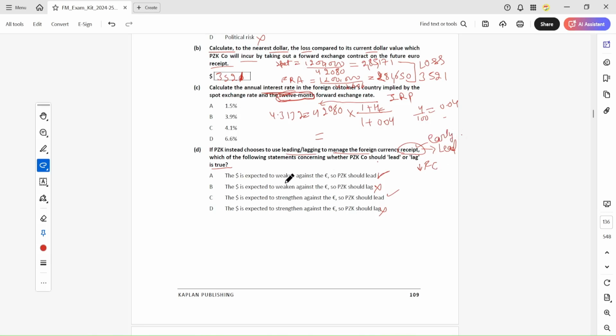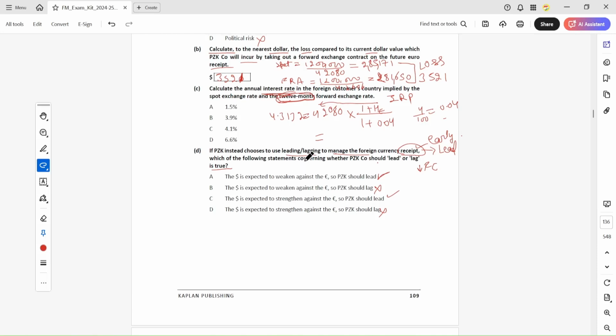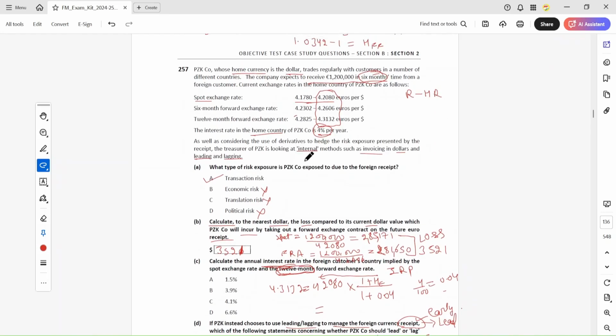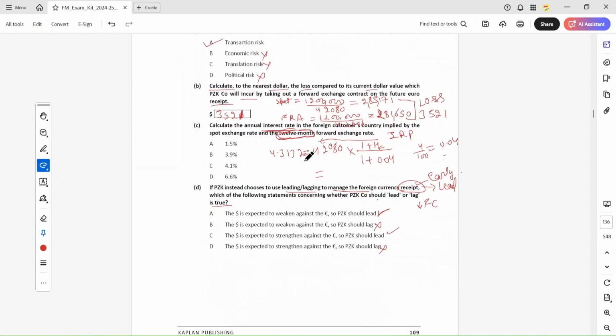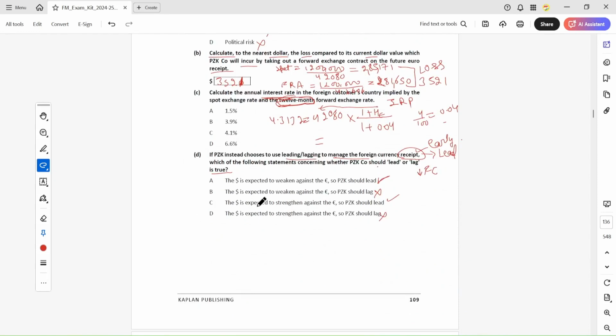So the dollar is expected to weaken. Our home currency is dollar. So if our home currency strengthens, which means a reduction in foreign currency, this is the case when we lead. This is again the correct answer, so this one is correct.